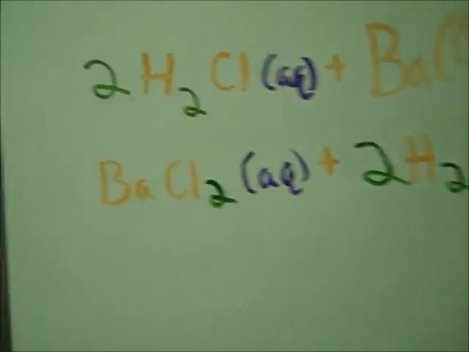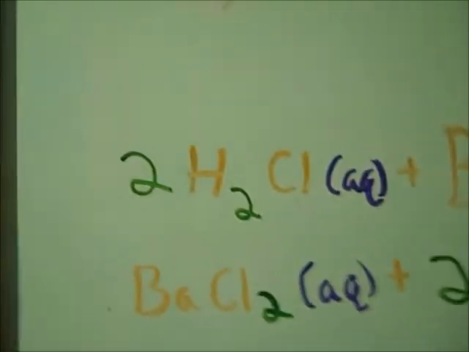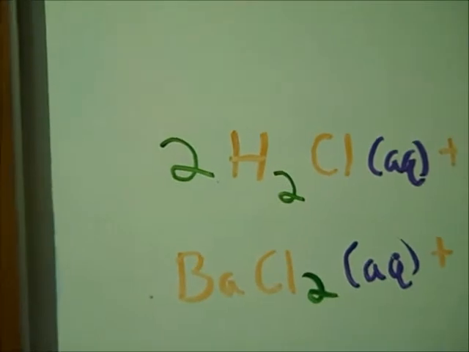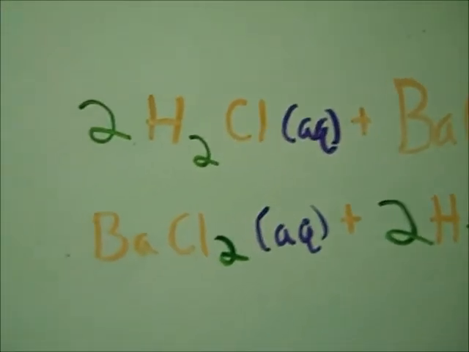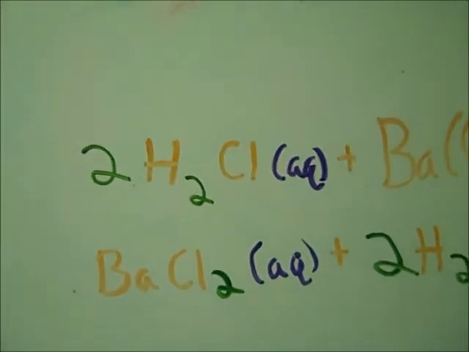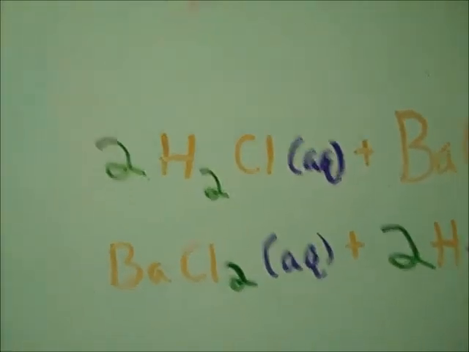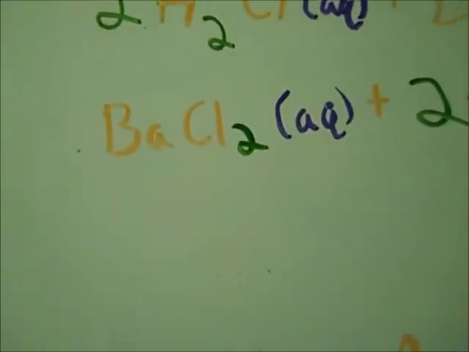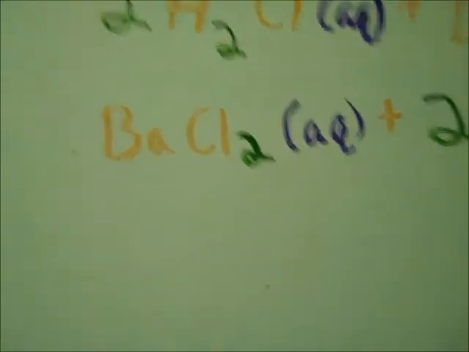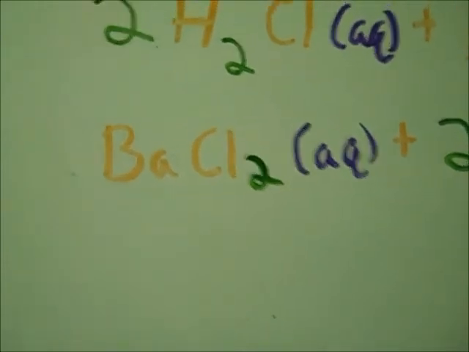So here to this hydrogen we have to put a 2 in front of it, so that there will be 4 hydrogen atoms on both sides. And this also makes it so that there are 2 chlorine atoms on the reactant side to match the 2 chlorine atoms on the product side.